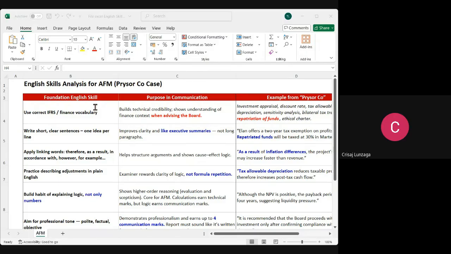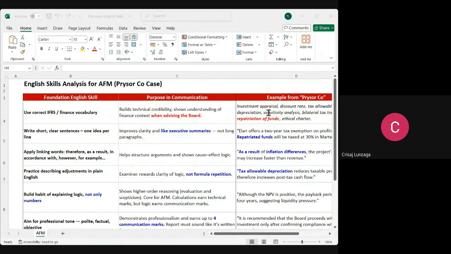So that is a main point of AFM. In this file you can see we have 6 foundation English skills that we are going to tackle today.